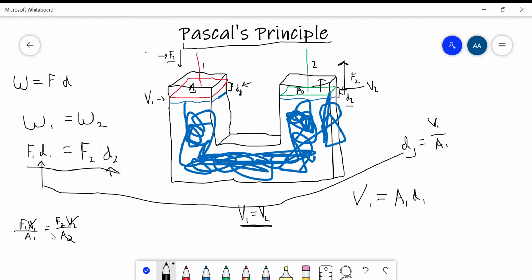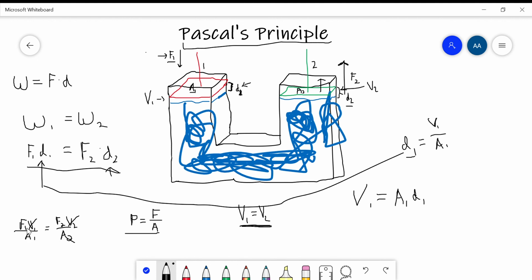And with this, some of you might recognize the equation. What this really means is that pressure P is equal to F over A. And with this, we see that we're just left with F1 over A1 and F2 over A2.